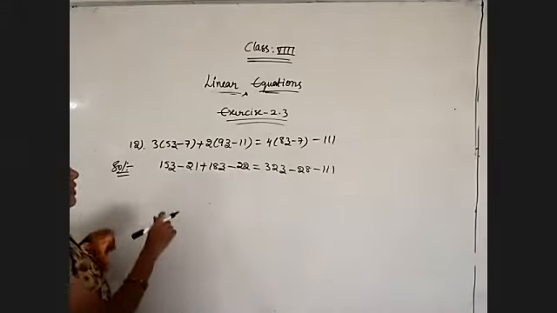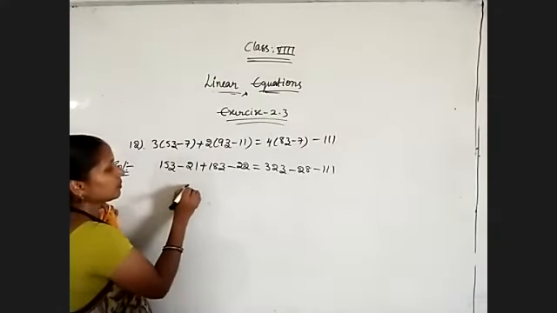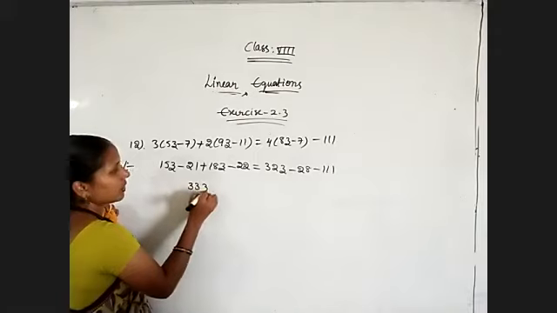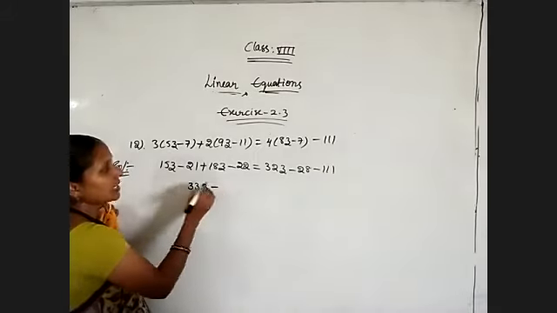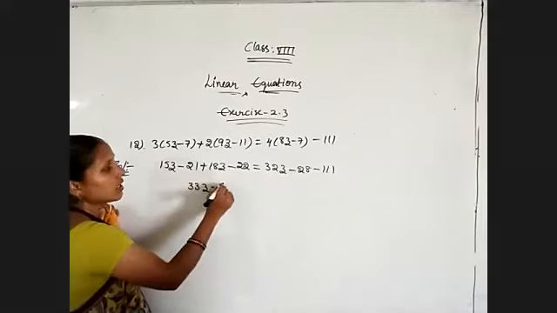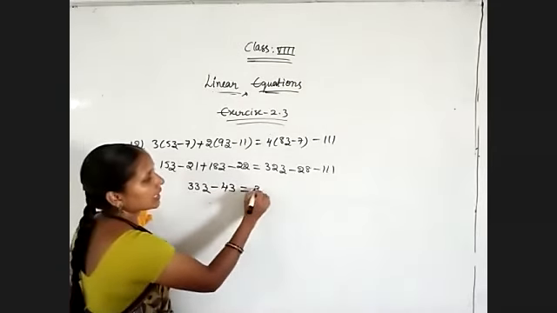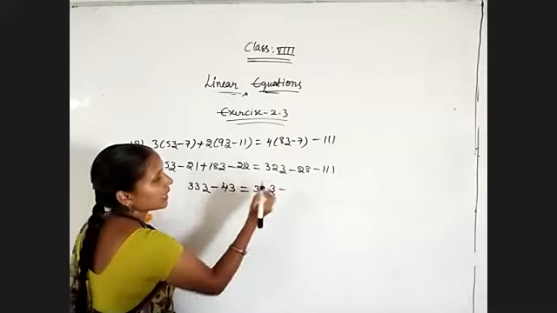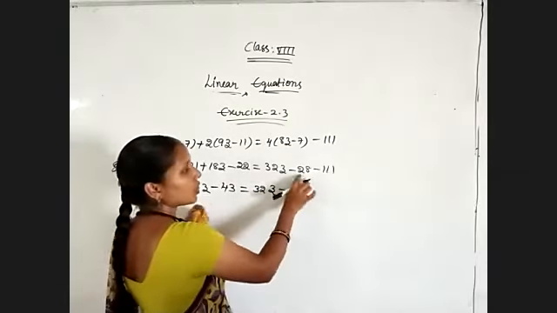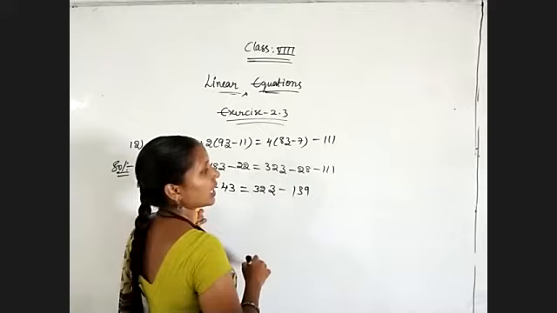So now simplify first. 15 plus 18, 33. 33z minus, both are minus values, so 21 plus 22, that is 43, minus 43 is equal to 32z minus, both are negative values, so addition, 139.